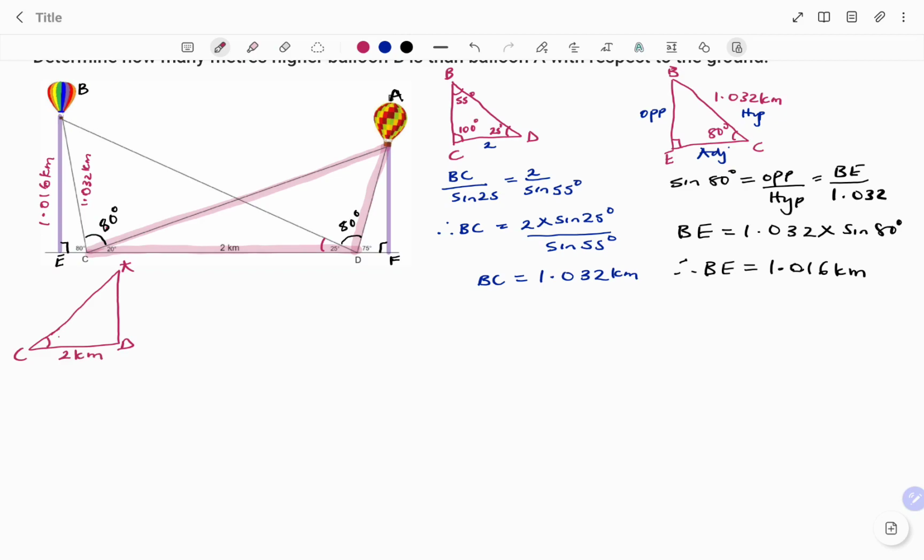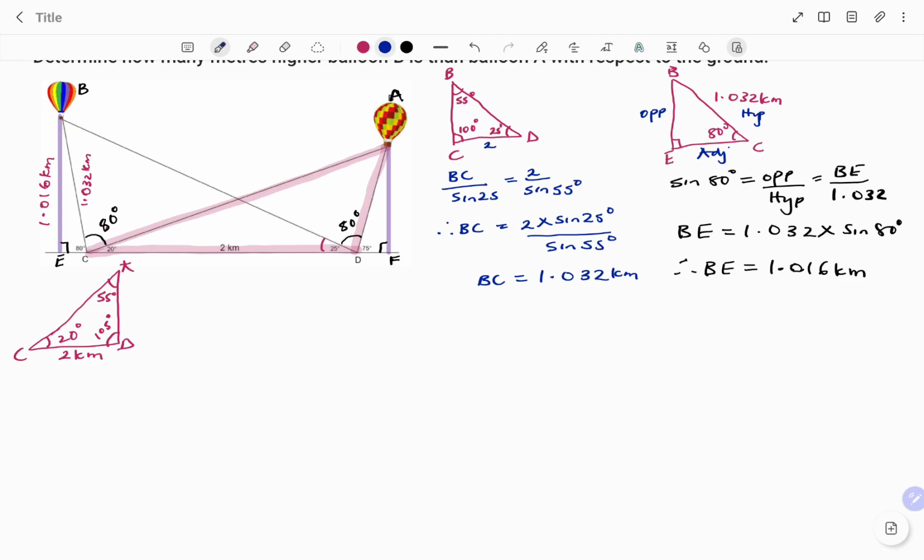I have the angle here as 20, as shown. Then I have the total angle at D to be 80 plus 25. That will be 105 degrees. Sum of angles in the triangle is 180. So to find the angle at A, that will be 180 minus 20 plus 105 degrees, which is 55 degrees.